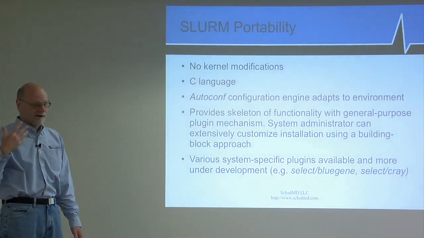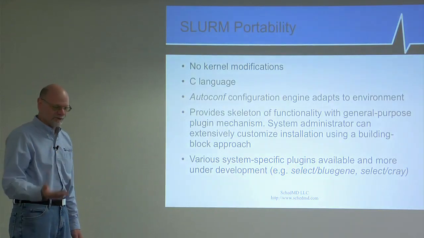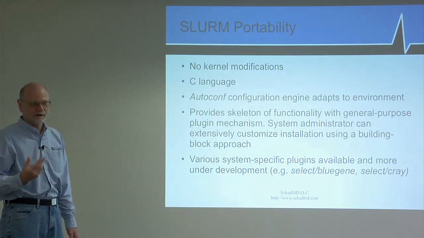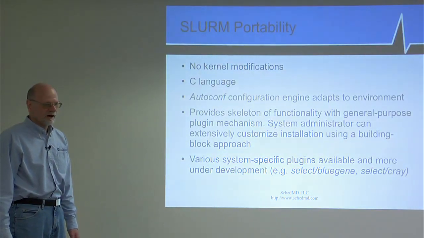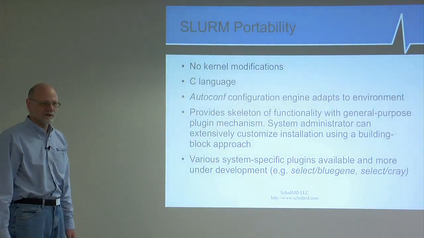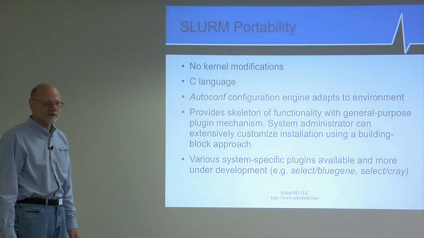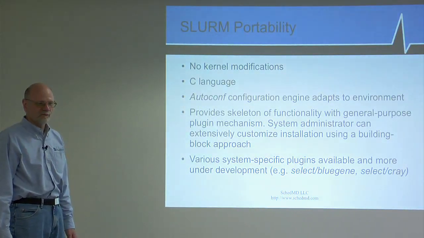They just ran autoconf that figured out what libraries were available, what header files were available, where they were, differences in functionality. And I think the port to Solaris took less than 100 lines of changes to the Slurm code, which is pretty good. The port to AIX took a little bit more effort than that, but it was not a huge effort.